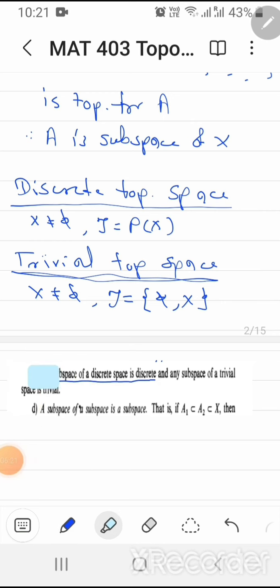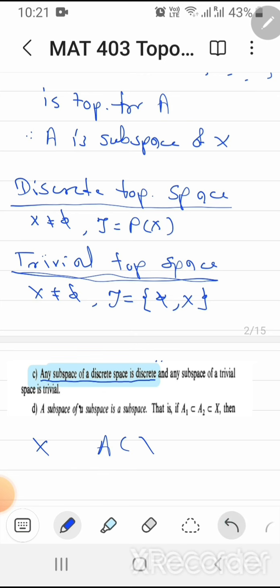Okay, and now the subspace of a discrete topological space is discrete. That is, if X is any set and A is a subset of X, X is a discrete topological space, and A is a subspace of X, then A is also a discrete topological space.